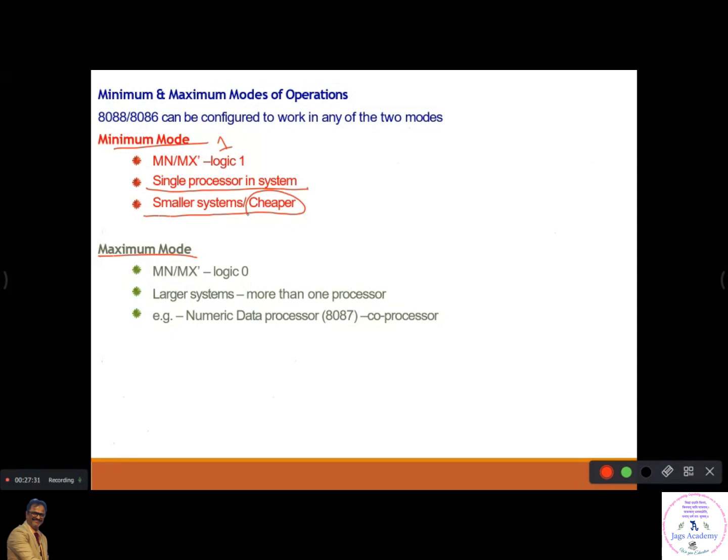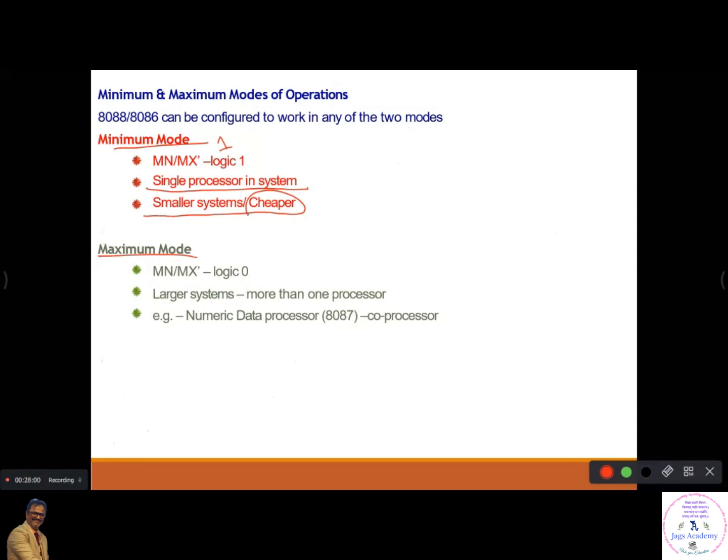If you want to connect a coprocessor to do larger math operations, you have to operate the 8086 microprocessor in maximum mode. Only then you operate in maximum mode. Otherwise not. So have you understood this min-max mode?